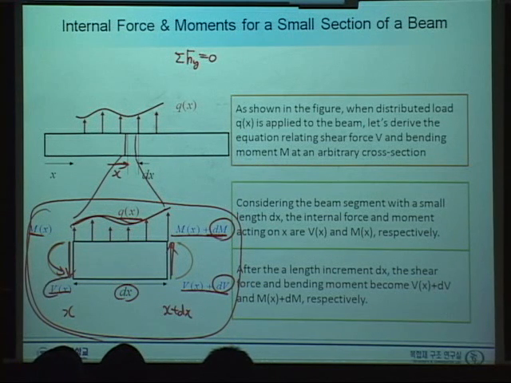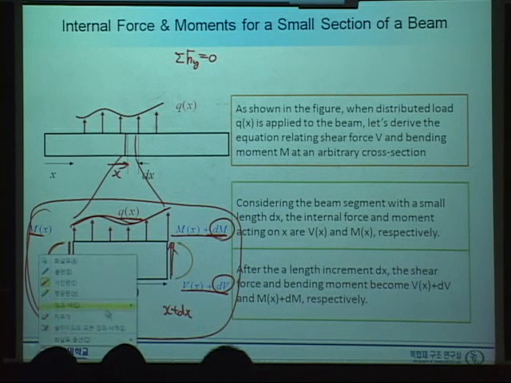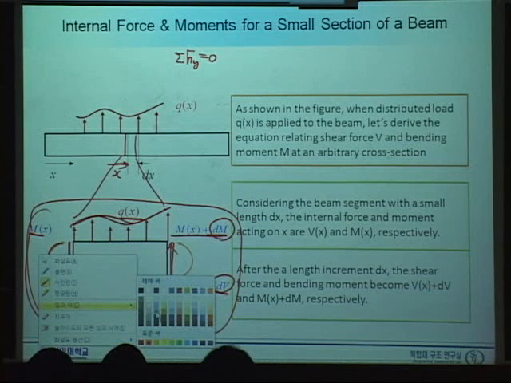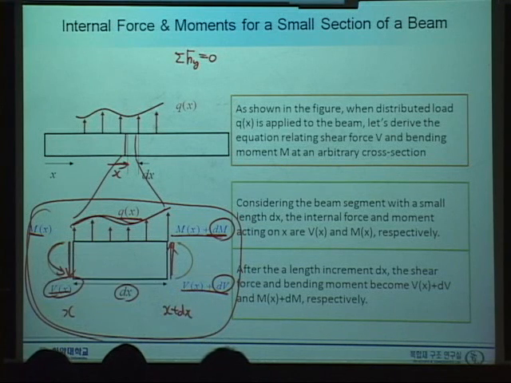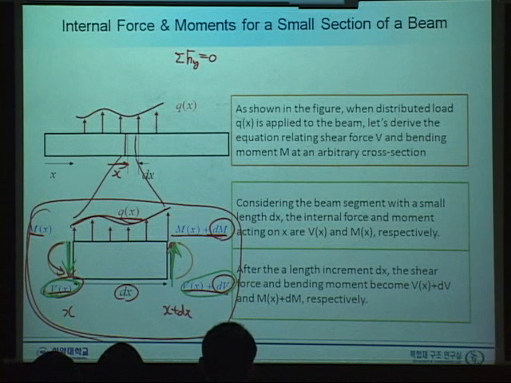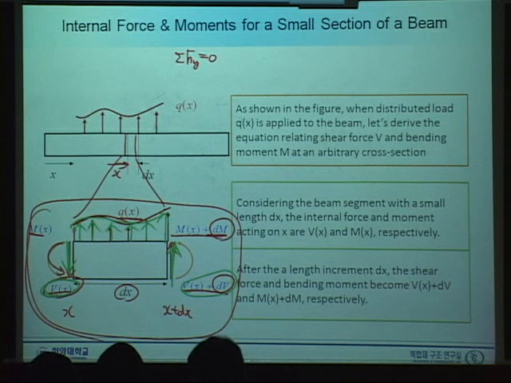The y-directional force is this one, right? And the y-directional force is what? This one, right? And what else? Yes, we have another y-directional force applied to this part.